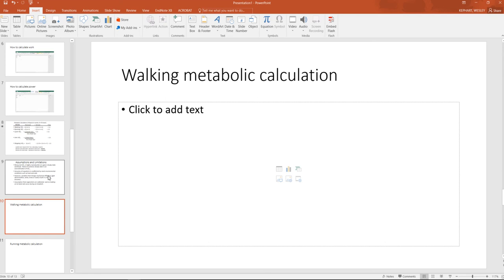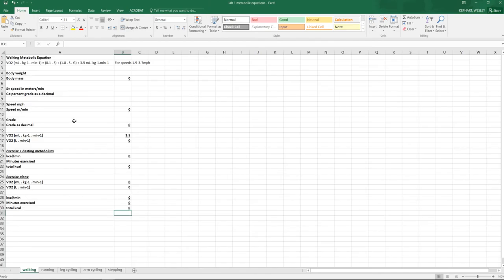So now this is going to show up here. Let's look at the very first walking equation. So VO2 right here, milliliters of oxygen per kilogram body weight per minute. Here, that's the horizontal component, vertical component plus resting.